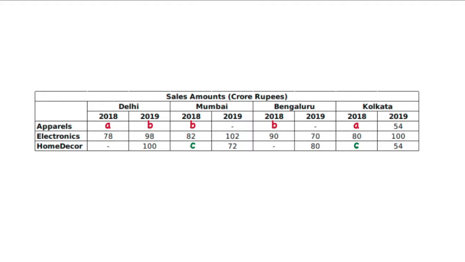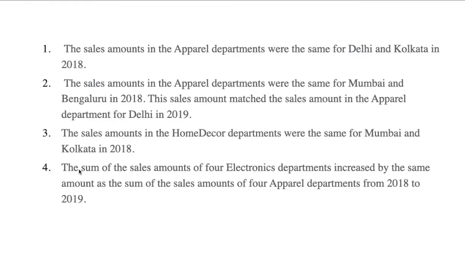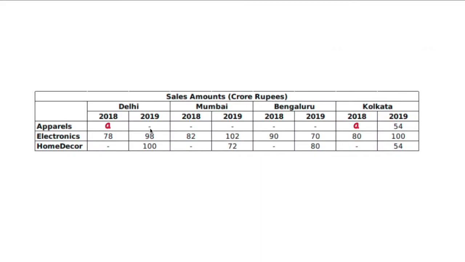So what was said in this condition is that the sum of sales increased by the same amount as the sum of sales in apparel. So this means that the difference between 2019 and 18 of apparel and electronics are equal, right?